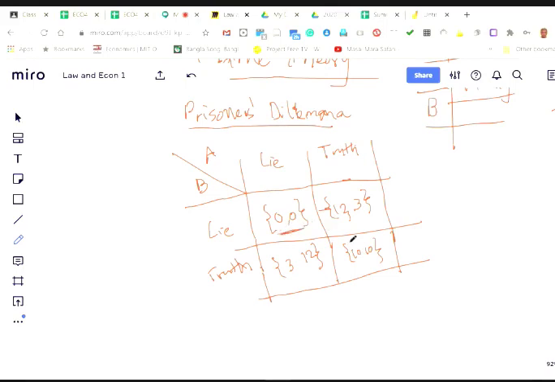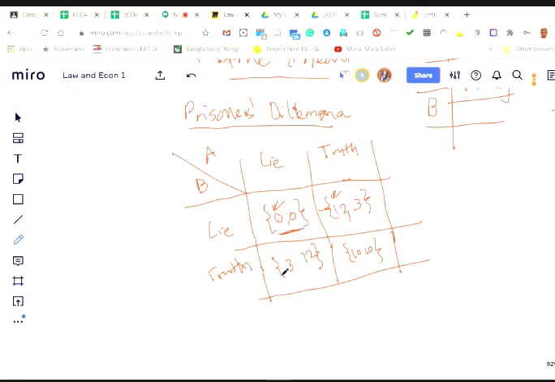If both persons lie, because if I look at person B, if he lies, he gets 0. And if person A tells the truth, there is a possibility of 12, and he doesn't know whether B is telling the truth. Similarly, if B is lying, the possibility is either 0 versus 12, so 0 is a better choice.